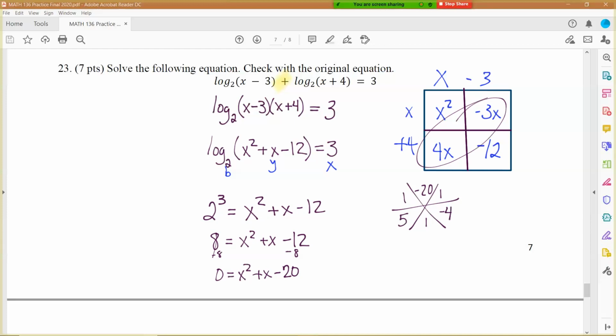So the 4 needs to be negative because 5 minus 4 gives us that 1 in the bottom. So now we have factors, x plus 5, x minus 4. Set them both equal to 0, so x plus 5 equals 0, x minus 4 equals 0.